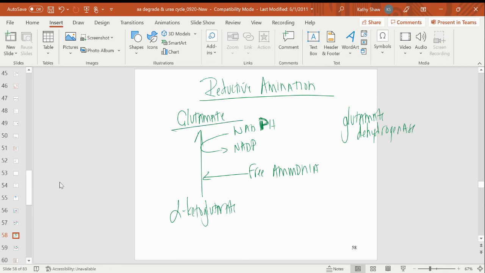So that gave me the glutamate to plug into transamination and make my non-essential amino acid. So if my mission is to make non-essential amino acids, what I'm going to do is reductive amination, followed by transamination.